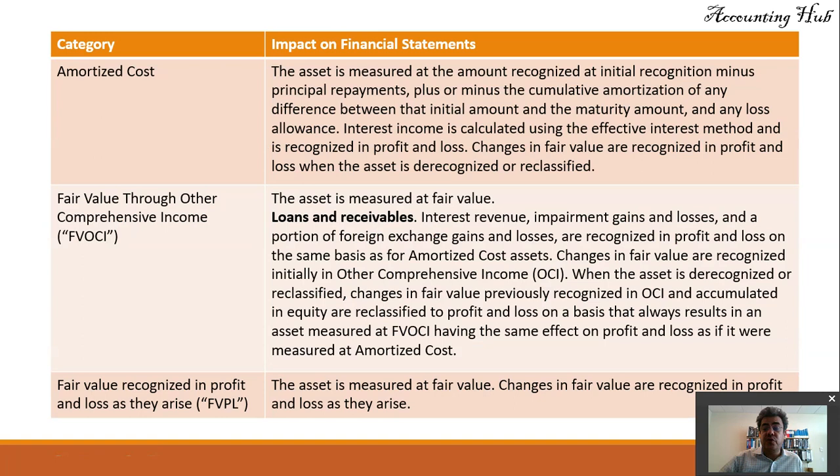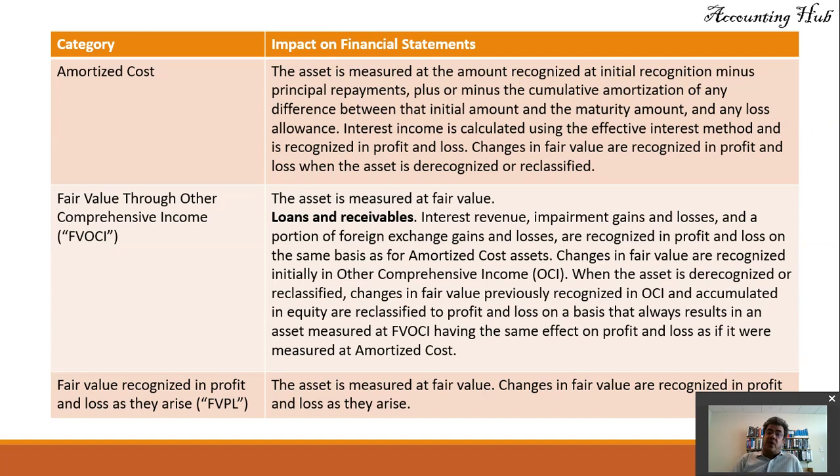And how do we do that? A huge one, so I will stop here a little bit and you can read it. Amortized cost: amount recognized at initial recognition, minus principal repayments, plus or minus the cumulative amortization of any difference between the initial amount and the maturity amount, and any loss allowance.